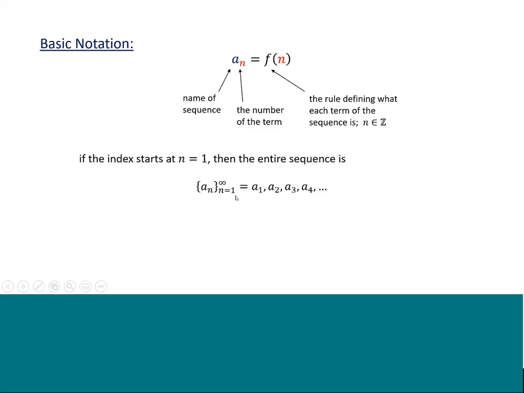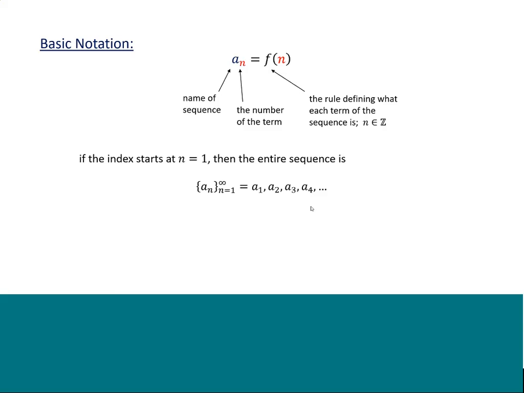The n equals 1 on the bottom indicates you start with the index of 1, and the infinity on the top tells you keep going forever. If you ended before forever, you would say which n you stopped at up there in what looks like the exponent position. Note, this is similar terminology to when we did the product notation, where we multiplied everybody together. The difference is that instead of multiplying everybody together, the curly braces mean you just put them in a list. Okay? And that's it. That's a sequence, or an infinite sequence.